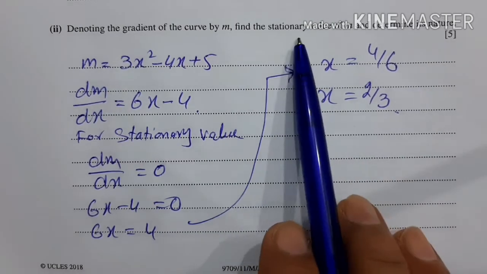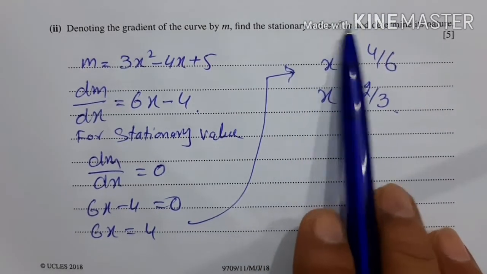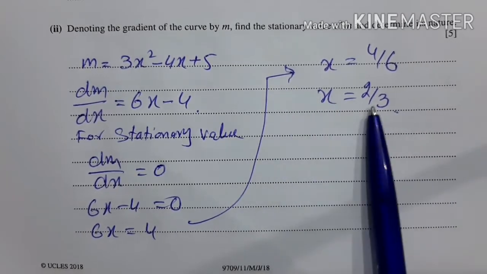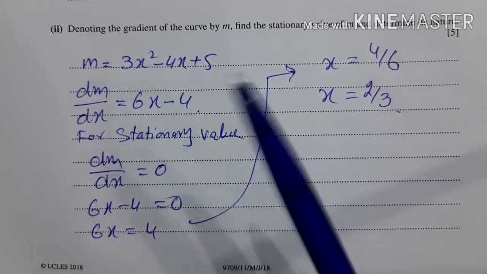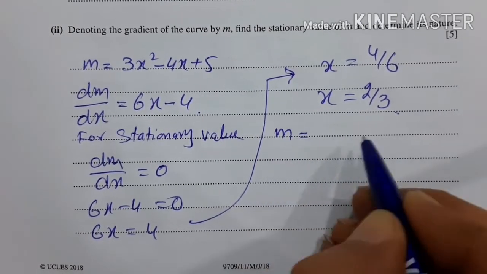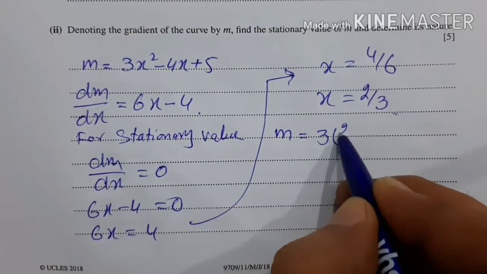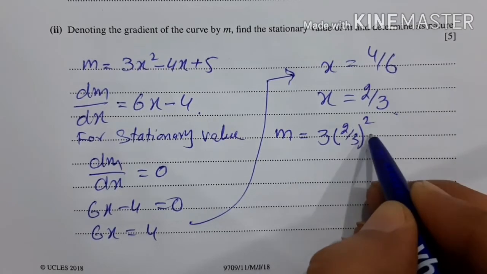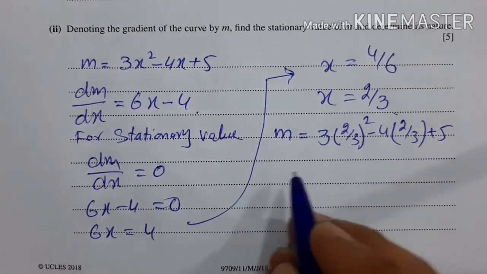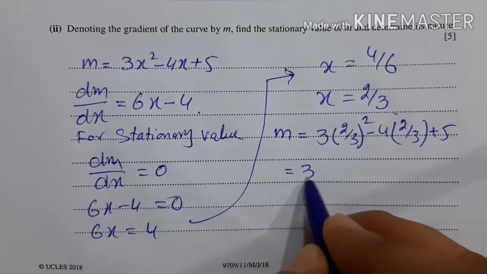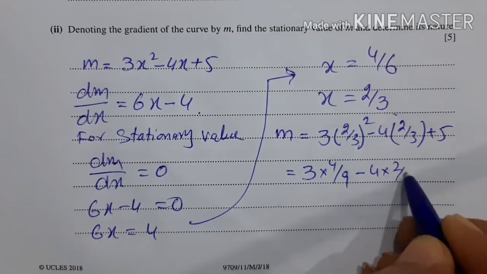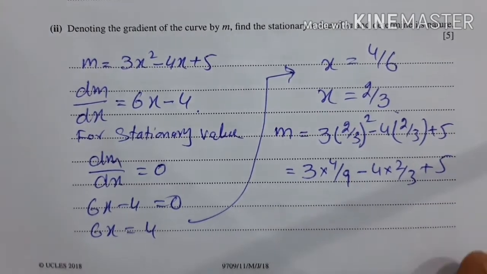But I need the stationary value of m, means I need the value of m at this point. So I'll put the value of x here in the first equation. So m will be 3 into (2 by 3) square minus 4 into 2 by 3 plus 5. So this will be 3 into 4 by 9 minus 4 into 2 by 3 plus 5.